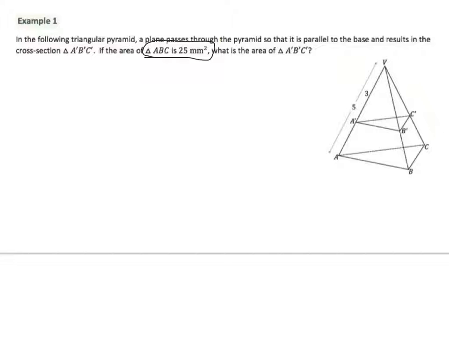So we need to figure out our scale factor. And then if you remember, area doesn't scale just 1 to 1. We have to square with area. Okay? So let me get the highlighter out again. Okay, we're going to look at that line.